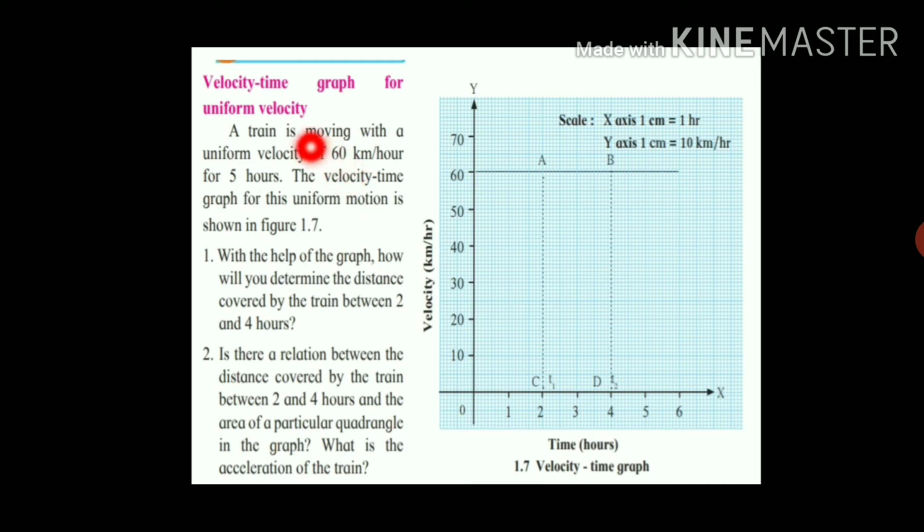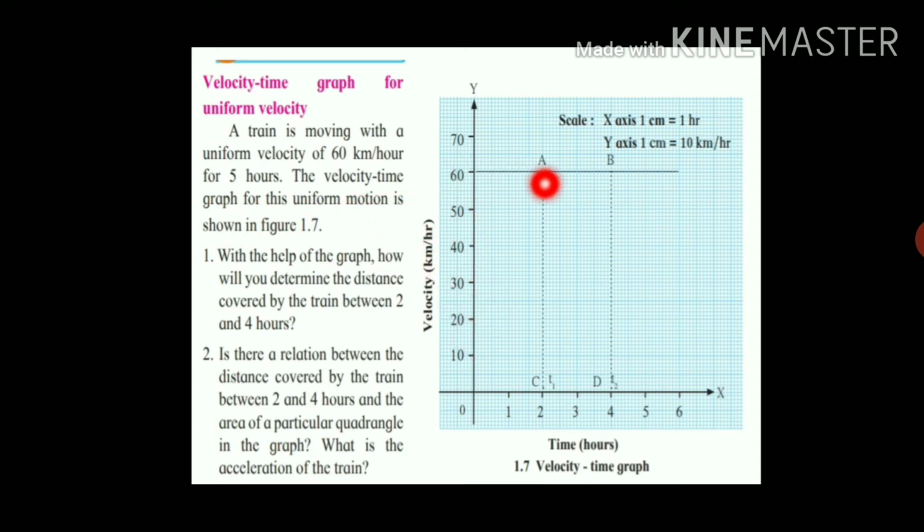Remember it. A train is moving with a uniform velocity of 60 km per hour for 5 hours. The velocity time graph for this uniform motion is given.